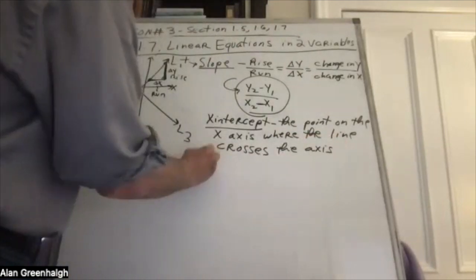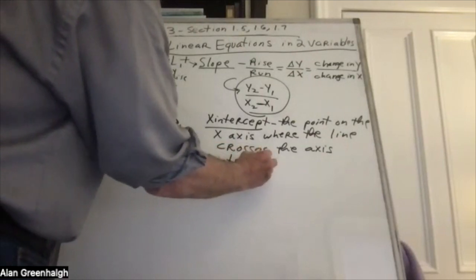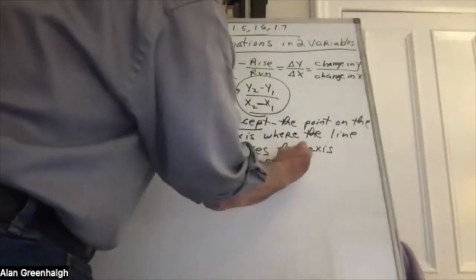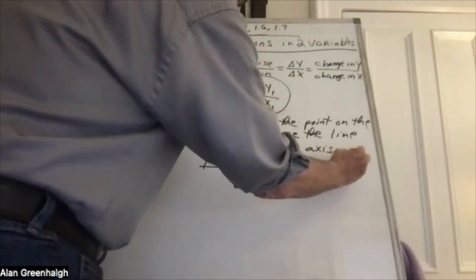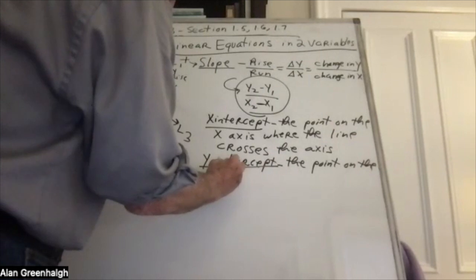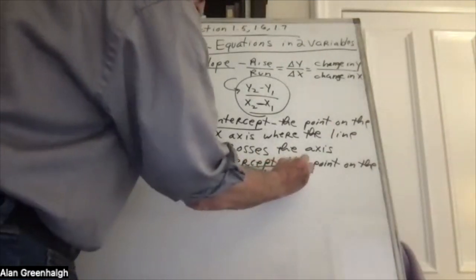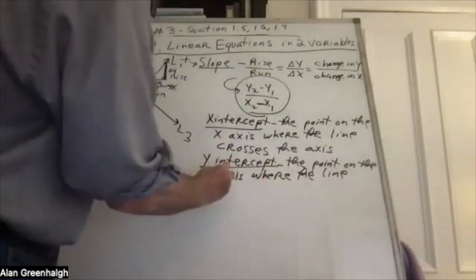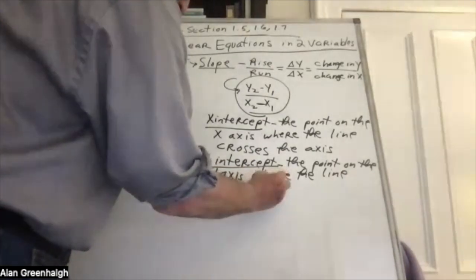as opposed to the y-intercept, which as you might imagine, is the point on the y-axis where the line crosses the axis.